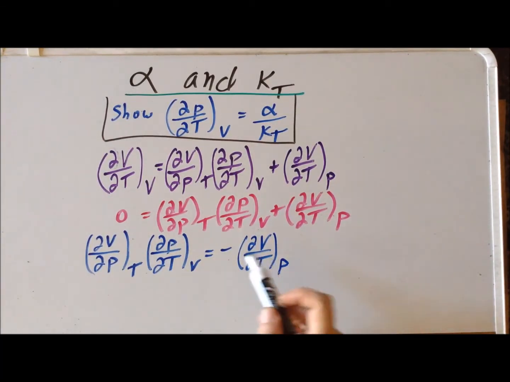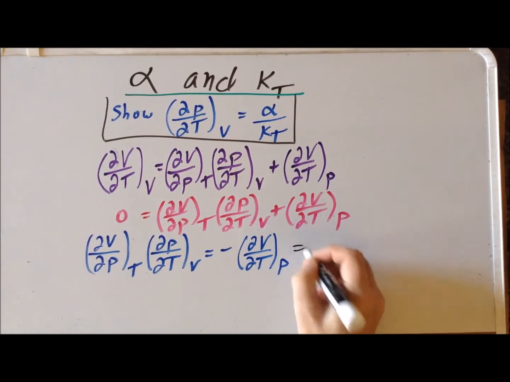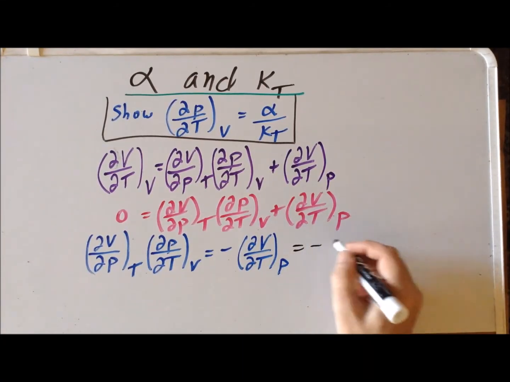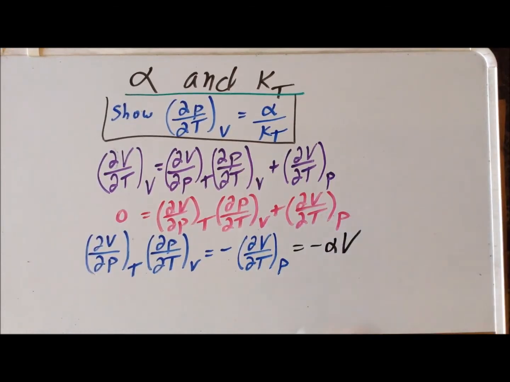Notice on the right-hand side that this expression, the change in V with respect to T at constant pressure, we had already derived a result for, and that was equal to alpha times V, where alpha was the expansion coefficient.